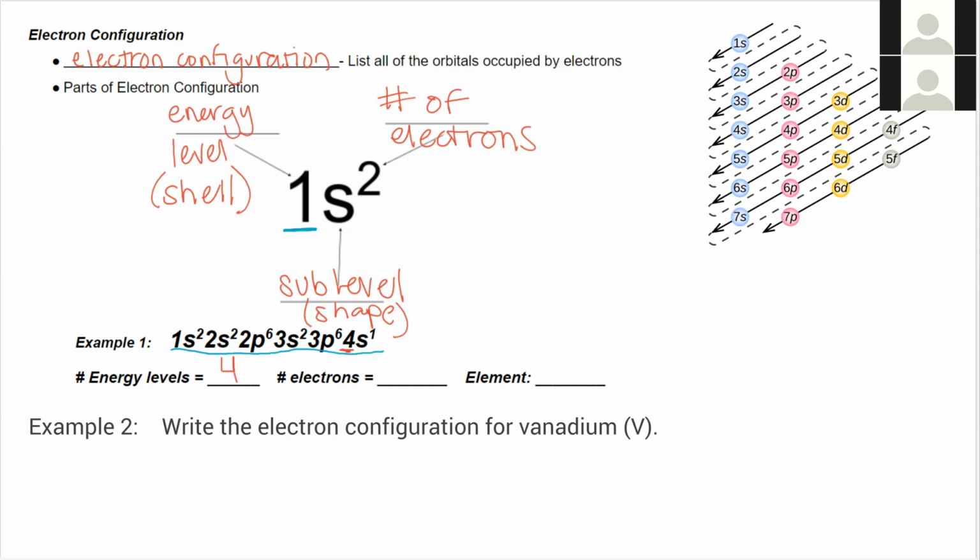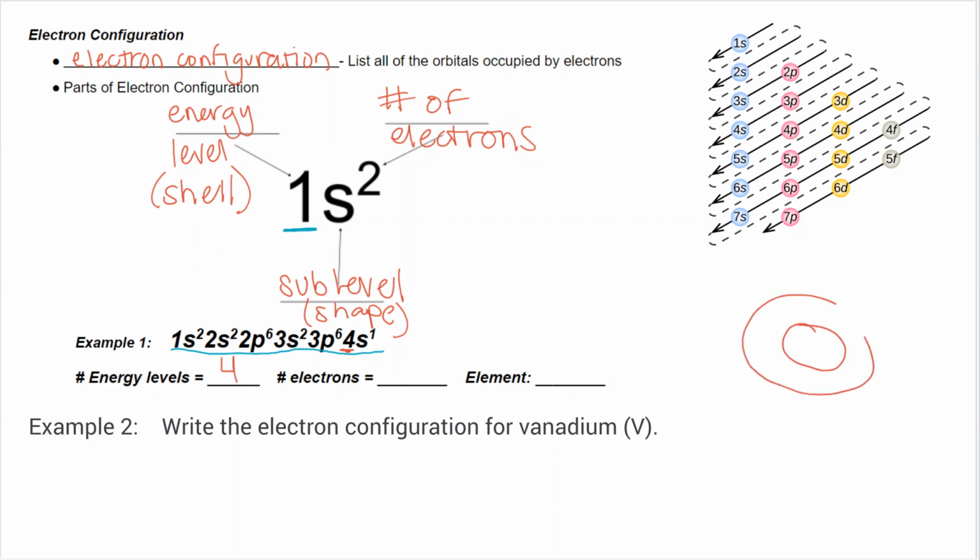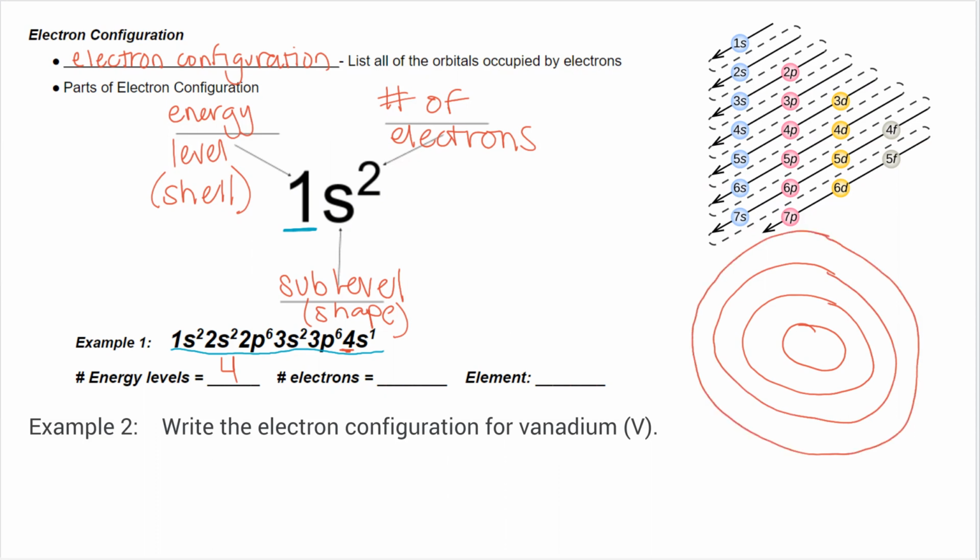So if we were to draw a Bohr model, there would be 4 rings. So I'm going to draw that over here. I'm sorry, my drawing's not super great. Okay, so there's our Bohr model here.